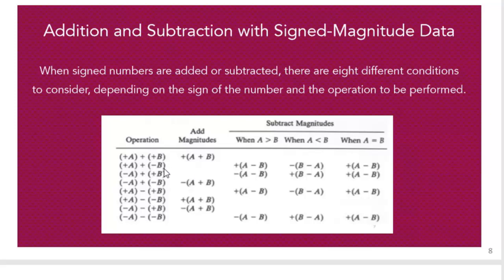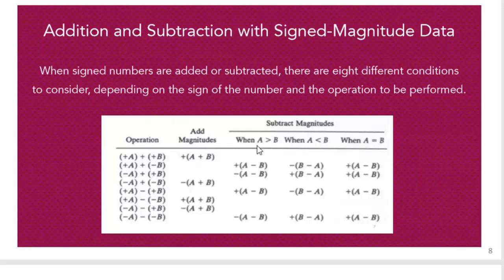In this case, the value of A can be greater than B, or less than B, or equal to B. When A is greater than B, the operation is A minus B, and the result will be positive. When A is less than B, the operation will be minus A, and the sign will be minus here.